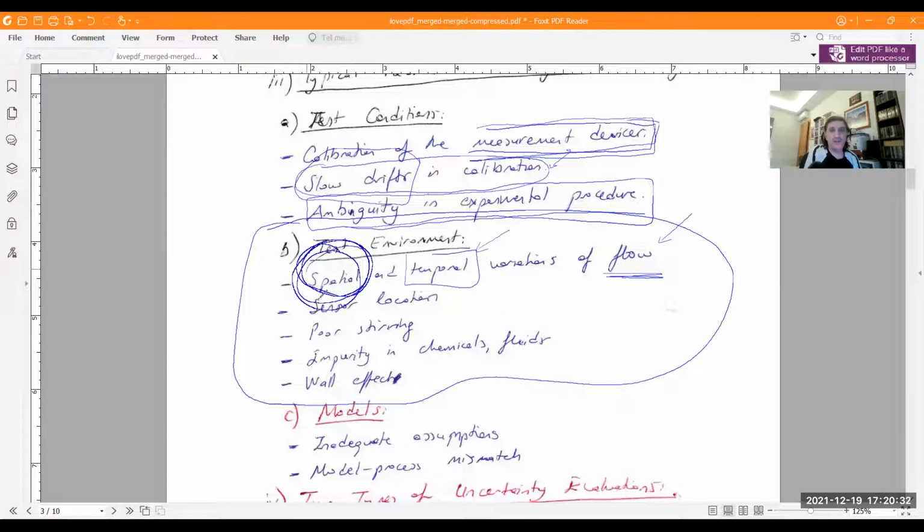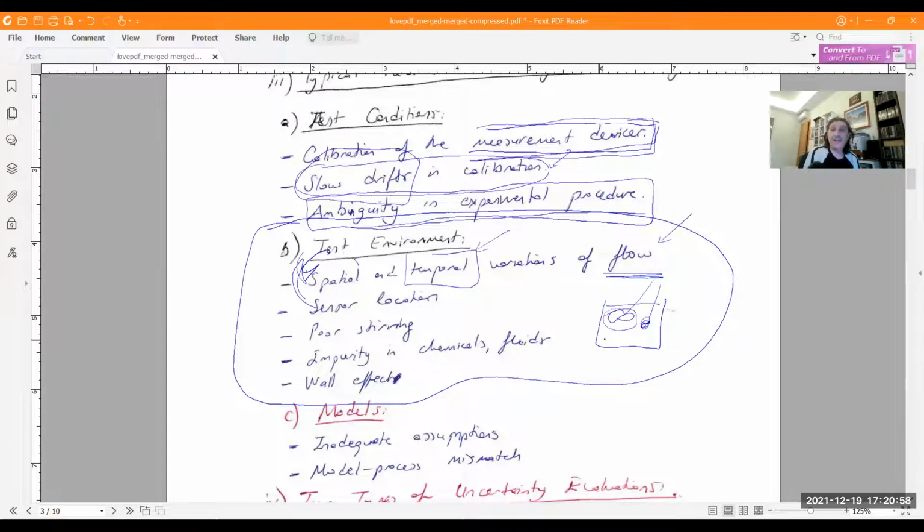And that's more problematic because there are going to be spatial variations of flow, which are much more difficult to determine or to see. And sensor location is an important aspect here. Let's say that you have a poor stirring here, right? And your sensor is located in this tank, and you are going to conduct concentration measurements here.